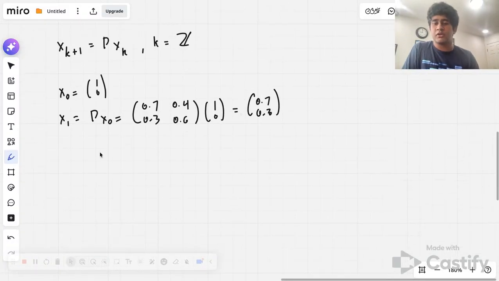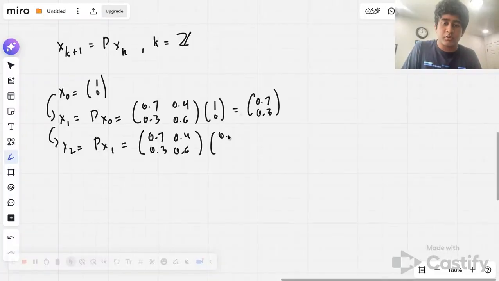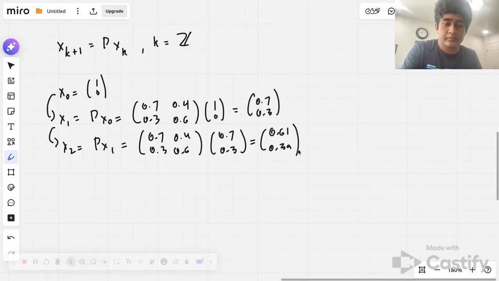So for the second toss, this is just P times x1, which is, once again, 0.7, 0.3, 0.4, 0.6, times x1, which is 0.7, 0.3, and this is going to be equal to 0.61 and 0.39. You can do the math if you'd like to verify.